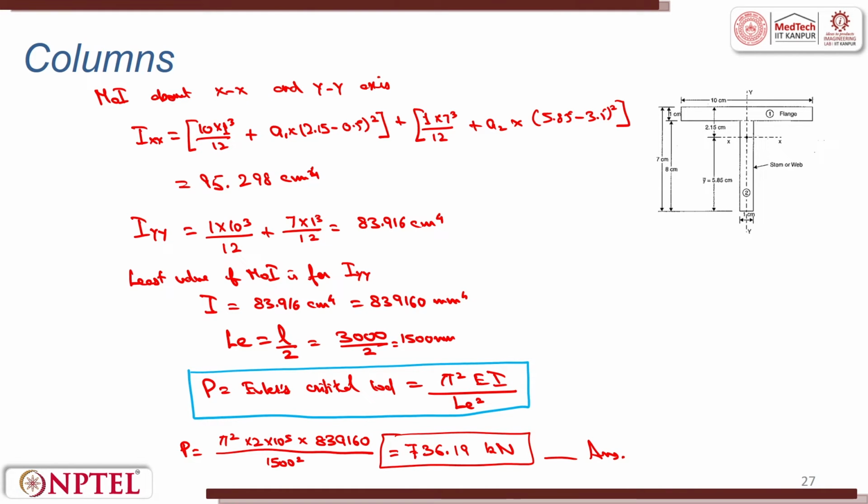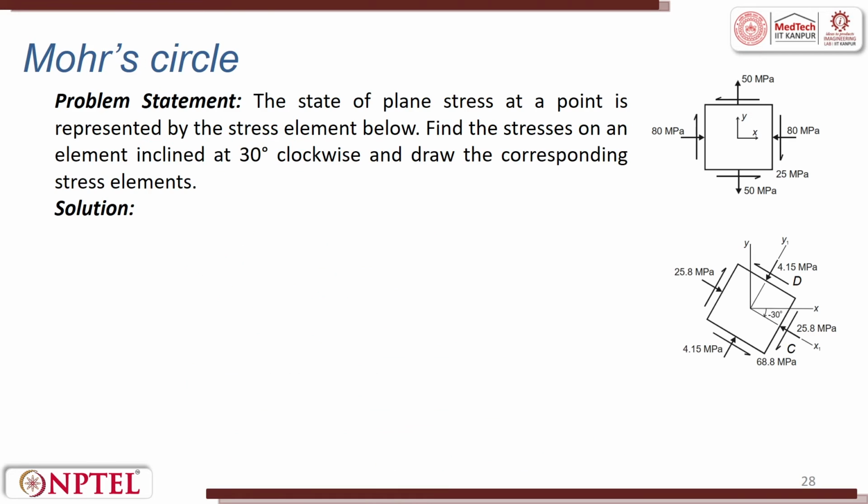Now I will try to come to the Mohr circle directly. If you recall the concept of the Mohr circle, there were certain rules: shear stress tau is negative when we move in clockwise direction and it is positive when we move in anti-clockwise direction.